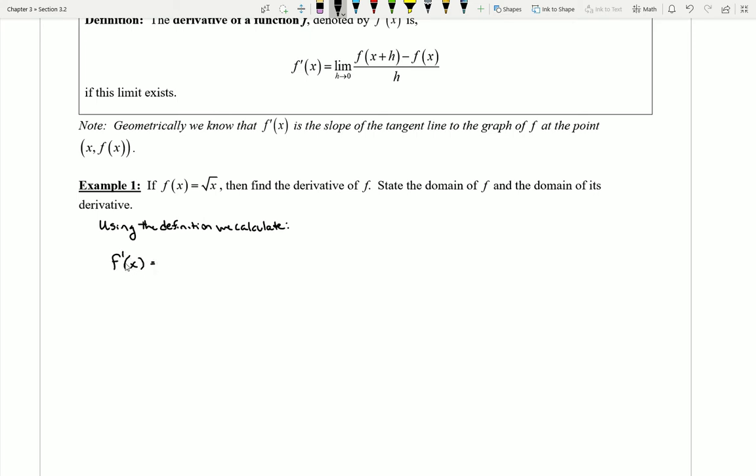Notice again, right now, x is not going to be filled in yet with a specific number. We're going to keep x in here as kind of a placeholder. When we leave things in this general format, it's like we're trying to find the slope of the tangent line at any point on the graph. It's like an undetermined point that we can choose later.